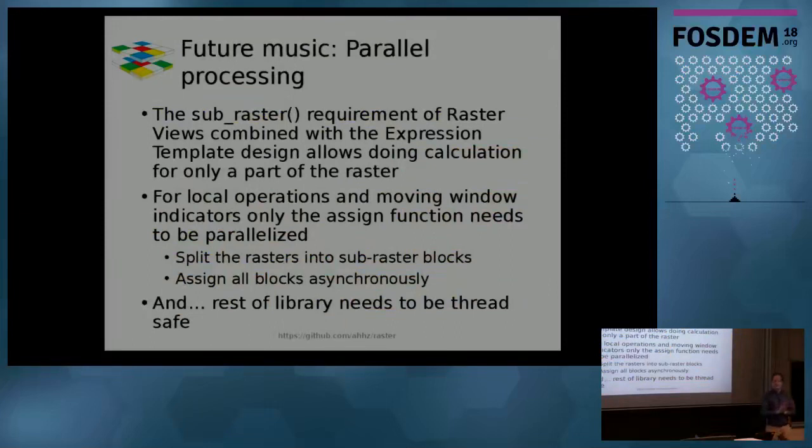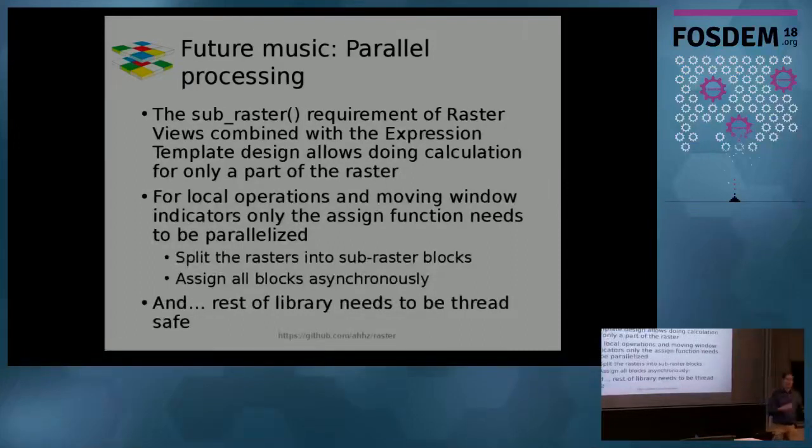So what's another big advantage that I'm not taking advantage of yet, but I plan to do in the future, this sub-raster idea, that you can set up your expression for the whole raster and then evaluate it only for a part of it. That is of course ideal for parallel processing, because I can have my expression for my big raster and then say, do this block, then this block, then this block, and so on, and do all of that in parallel so that it goes more quickly.